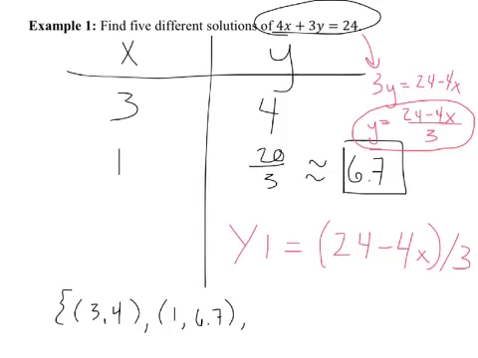Again, this original equation or open sentence we started with cannot be plugged into y1. You can't plug in 4x plus 3y equals 24 into your calculator. You can only plug in when it's a solve for y. Is that clear? So you solve for y, and then you can use your table to help you come up with some values. In a moment, this is going to be very useful. So keep this in the back of your mind. Keep your calculator out. All right?